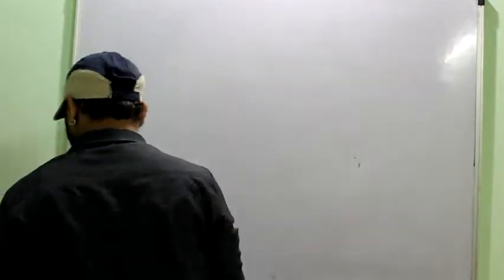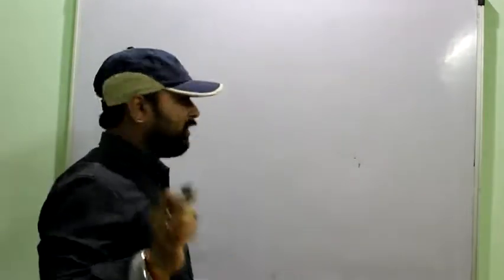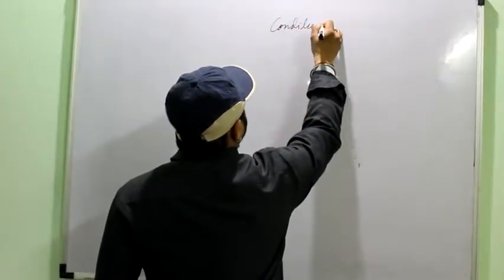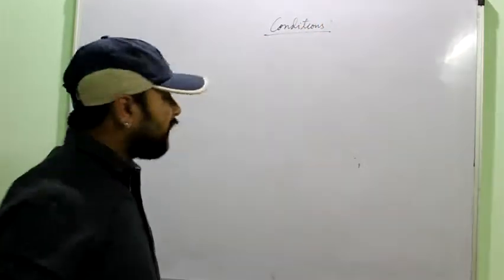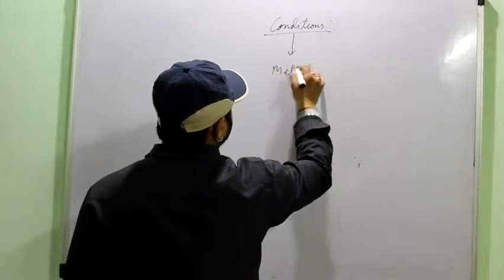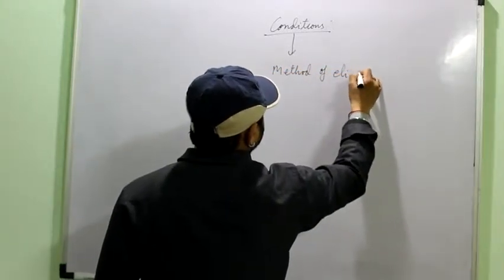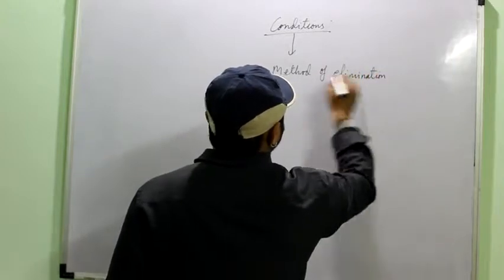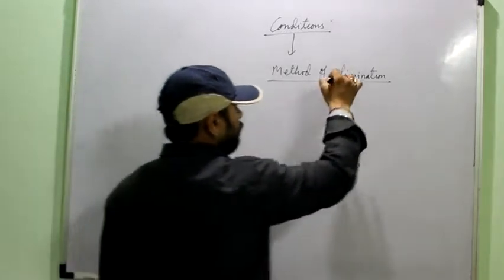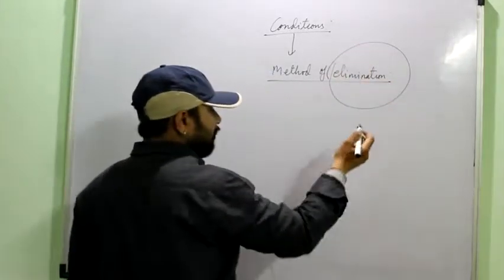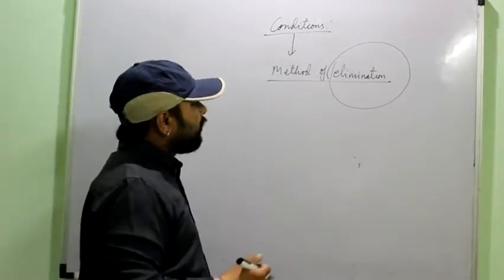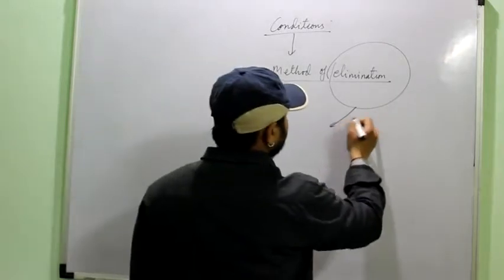Before moving on to the explanation of the consumer's equilibrium, I would like to tell you that all these equilibriums have certain conditions, right? And any condition can be explained with the help of the method of elimination. Method of elimination, you already know the meaning: to remove something, right? You watch reality shows, there you see the elimination round, means removing someone from the particular game.